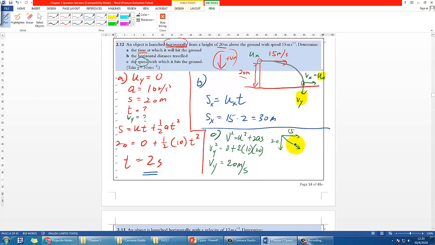How could I do that? The easiest way is to move one of the vectors to form a triangle like this.